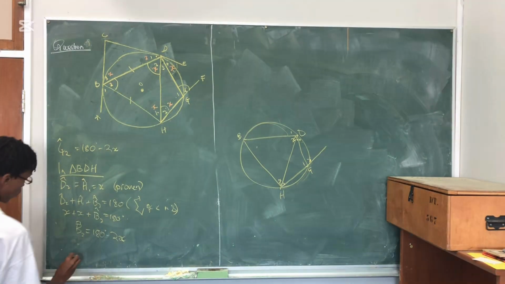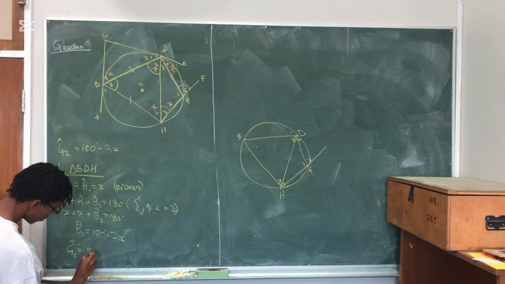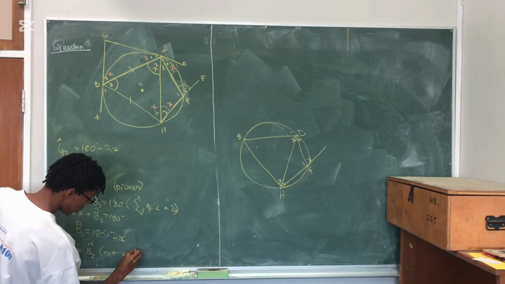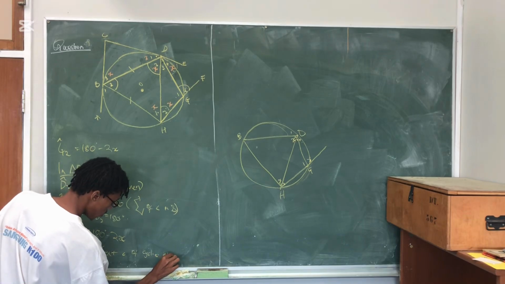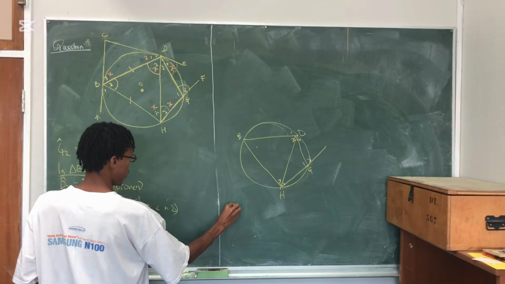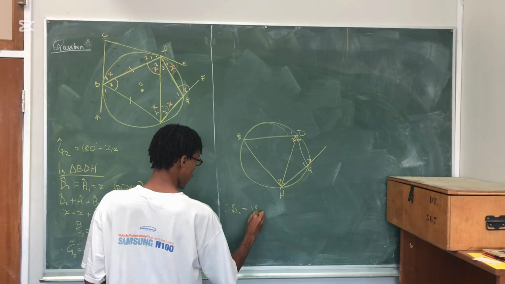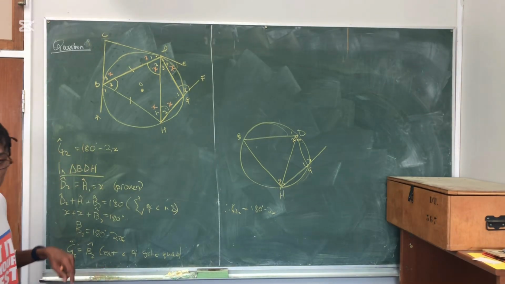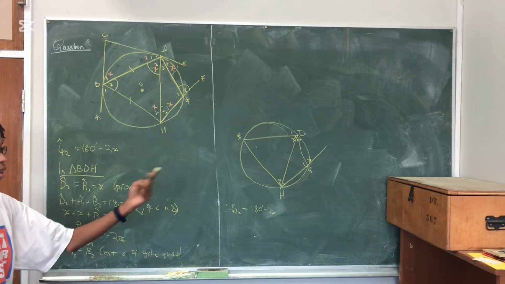So, G2 is equal to the interior opposite angle of the cyclic quad, B2. Therefore, G2 is equal to 180 minus 2x. There are different ways to go about this, but you're still going to get 180 minus 2x.